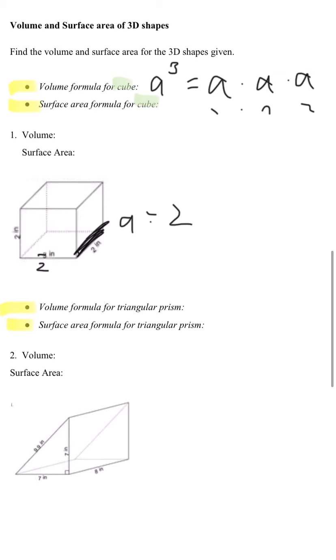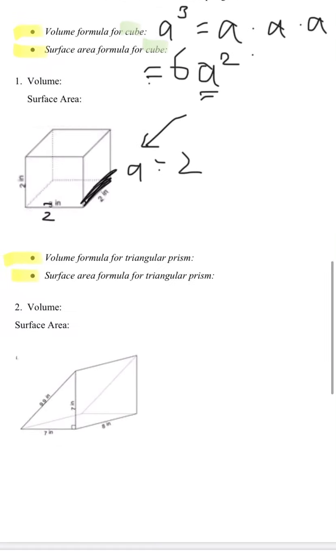So you guys could do that on your own. And then let's look at the surface area formula for a cube. The surface area of a cube is just 6 times A squared. And again, the A is the edge, okay? So then you guys could calculate that on your own.